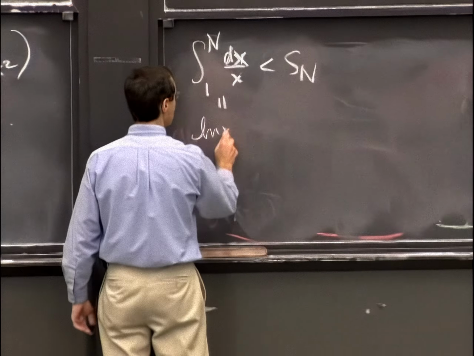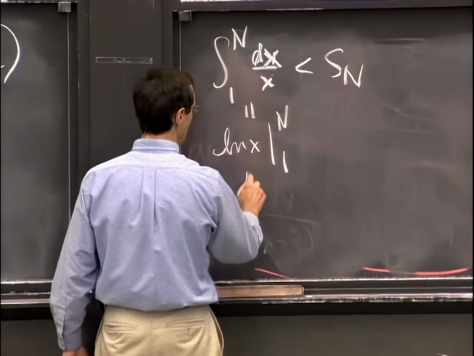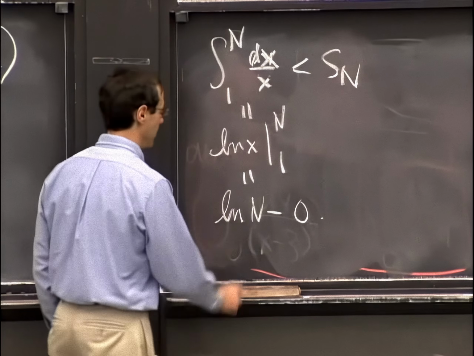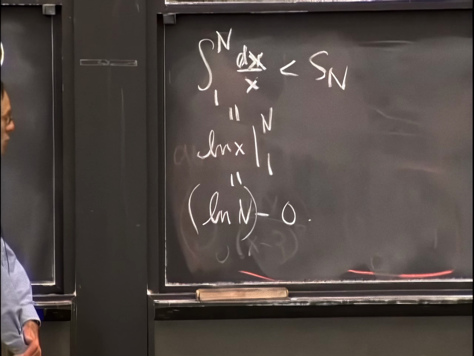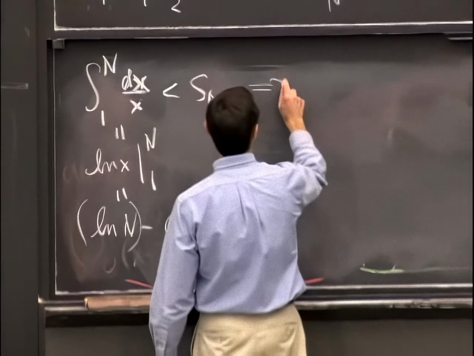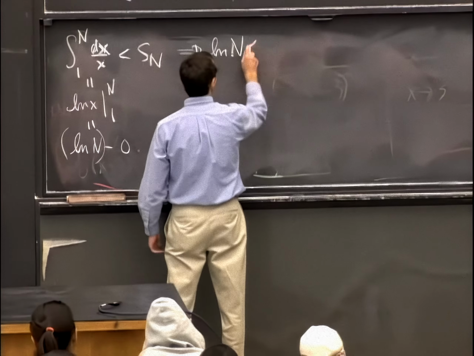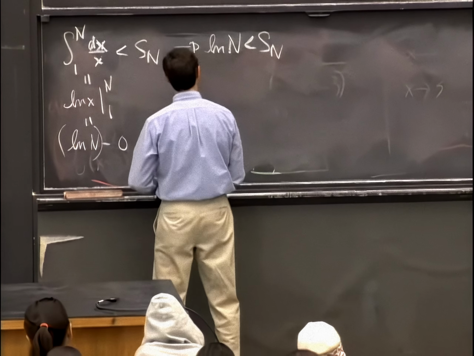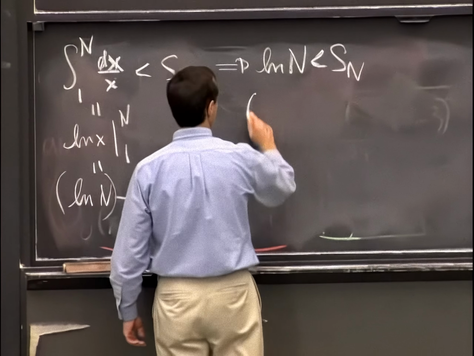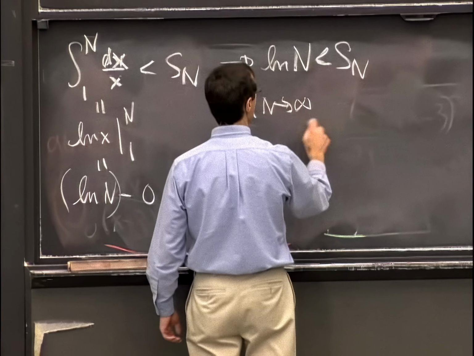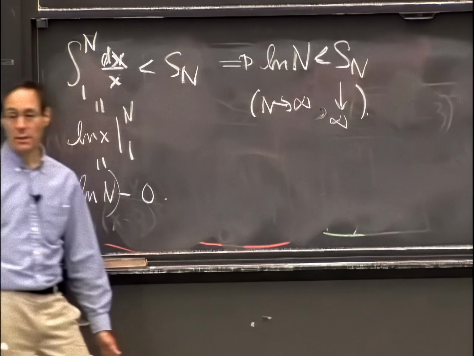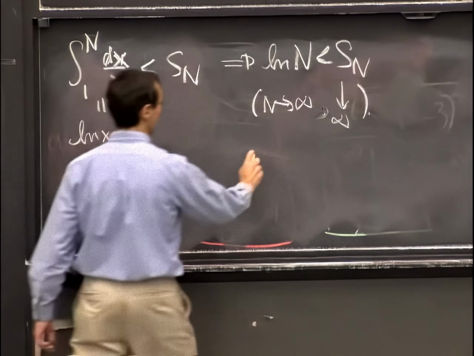This is log x evaluated at 1 and n, which is the same thing as the quantity log n minus log 1, which is 0. And so what we have here is that log n is less than Sn. And clearly, as n goes to infinity, this thing goes to infinity. So we're done. We've shown divergence.